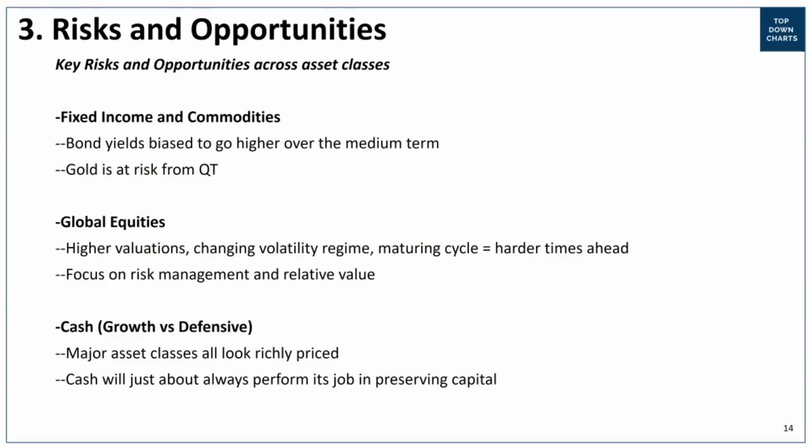And so neither method is perfect. A blend of both, I suppose, is probably the best way to approach it. And personally, I've changed the recommendations to be a bit more neutral overall on equities, developed market equities, but there's still pockets of value out there.